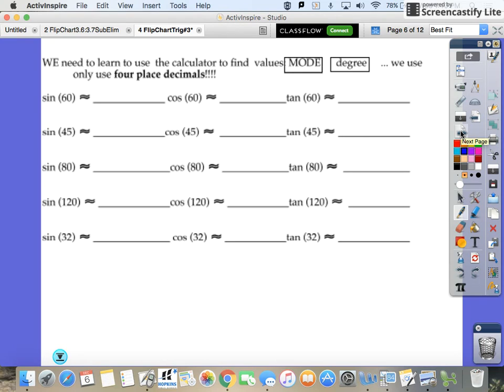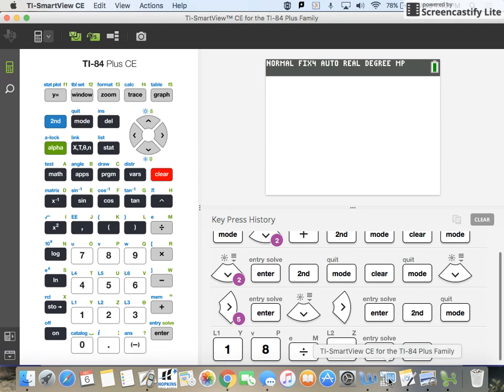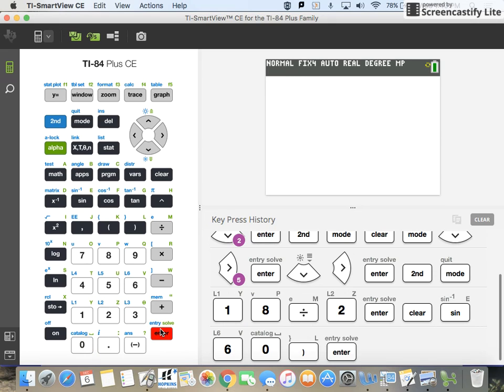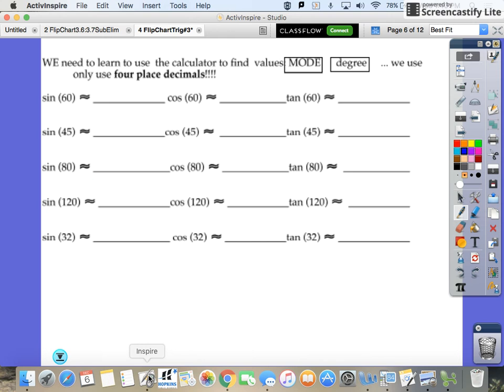So if you practice or kind of type some of these things in, this is just showing you that each of these has a specific value. So the sine of 60, for example, sine is this key right here. Sine of 60 is 0.8660.